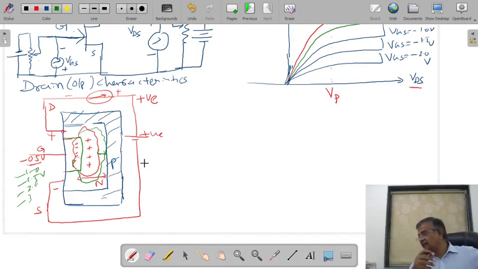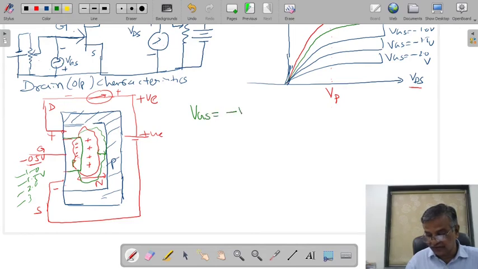The gate source voltage at which current is 0 is a negative voltage. As negative voltage increases, your drain current decreases.